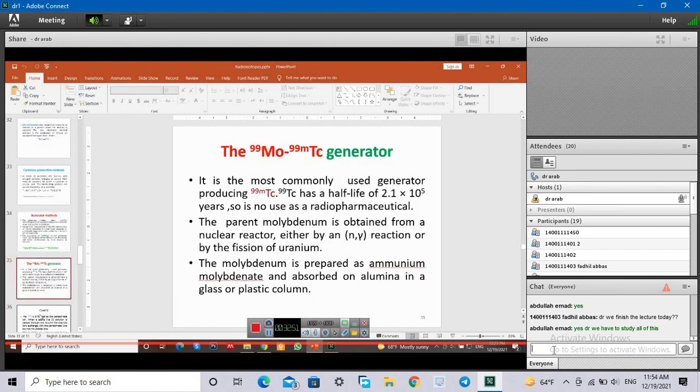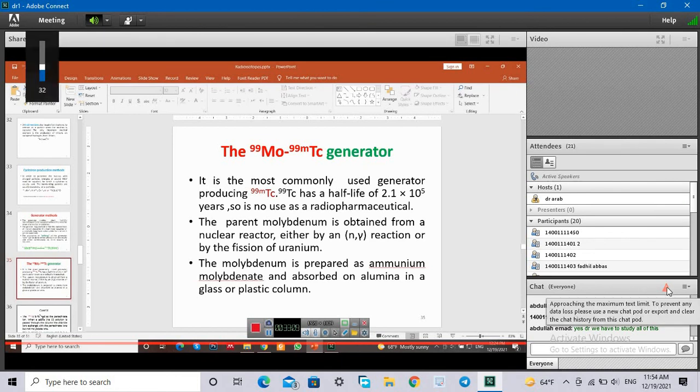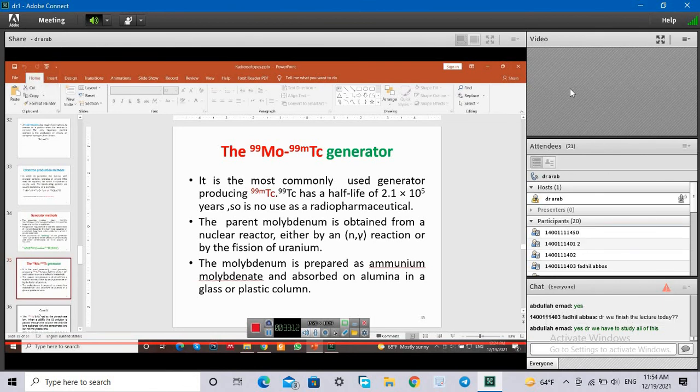Okay, as I said, technetium in the metastable state is the common radiodrug produced in a generator, and in the following we want to know how. The mother radionuclide, molybdenum, is obtained from a nuclear reactor, for example in a fission reaction.